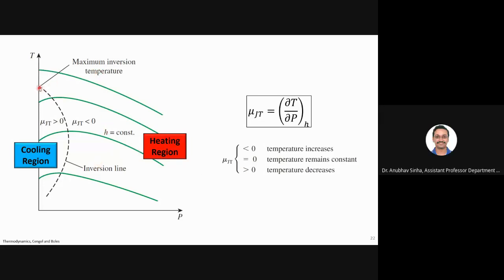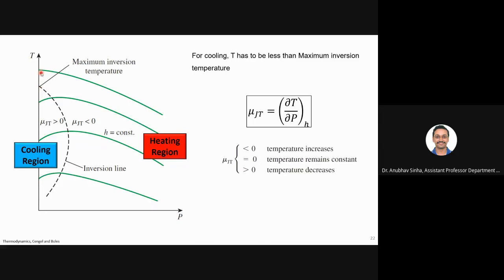Now, there is something called the maximum inversion temperature. This is the point where the inversion line touches the axis, where pressure is 0. If you want to cool any substance, its temperature has to be less than the maximum inversion temperature. There is no cooling region above that temperature.